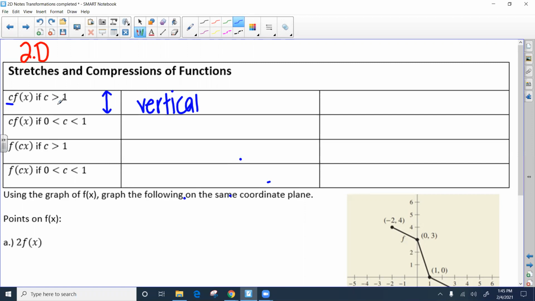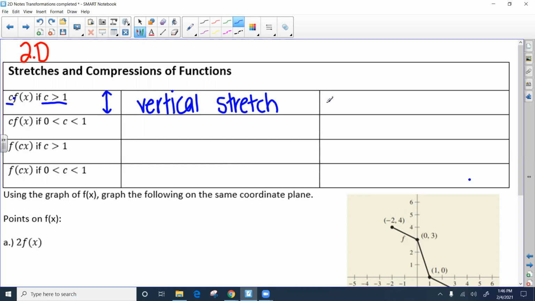Then if C is greater than 1, so C is the number we're multiplying by, that's like a number like 2, 3, 4. That's going to be a vertical stretch. When we see the number on the outside, C multiplied by f of X, affecting the Y, we just do the operation we see.